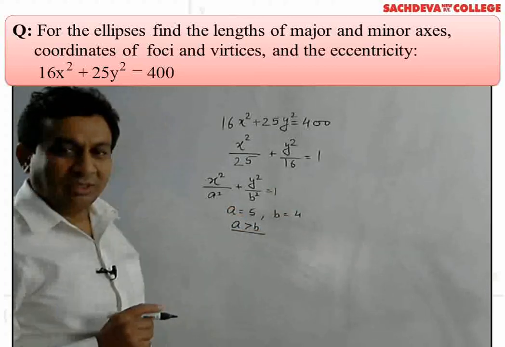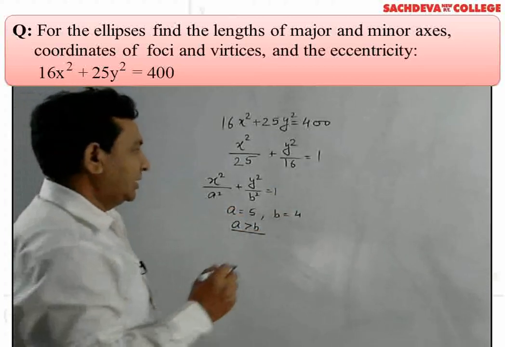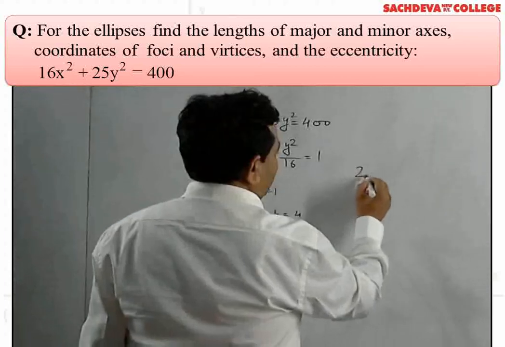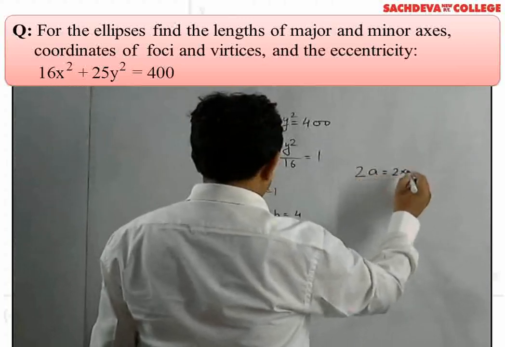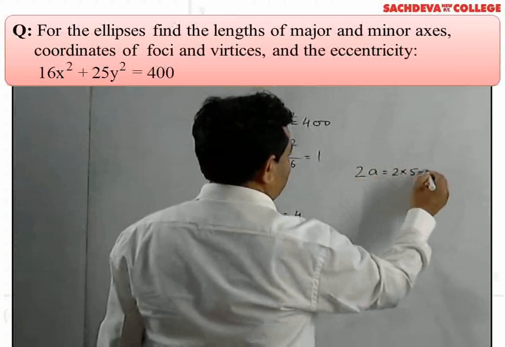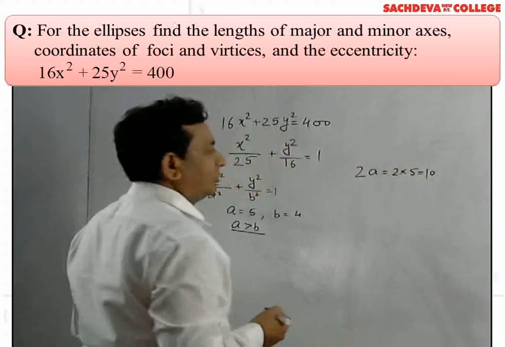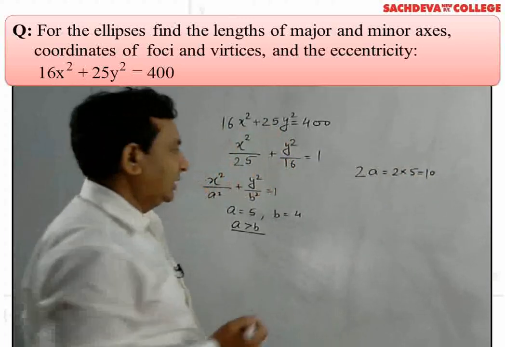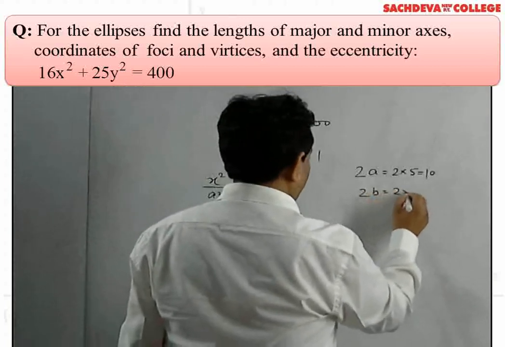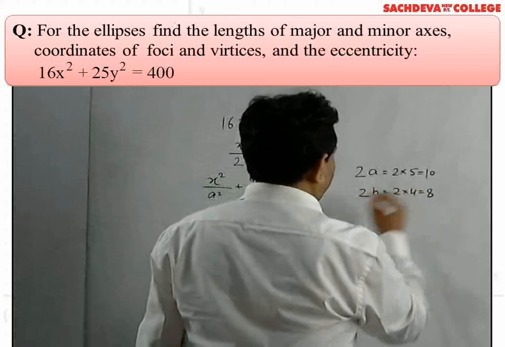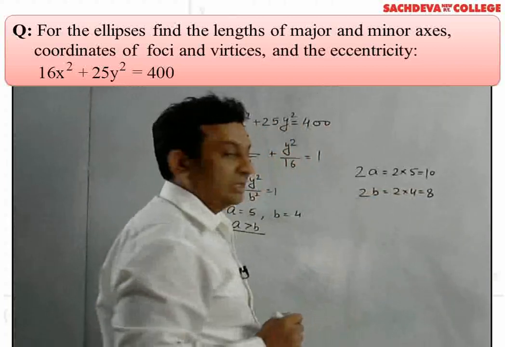So in this case, length of major axis is 2a, which will be equal to 2 into 5, or 10. It means length of major axis is 10 here. Length of minor axis is 2b, so 2 into 4 is equal to 8. It means length of minor axis is 8.